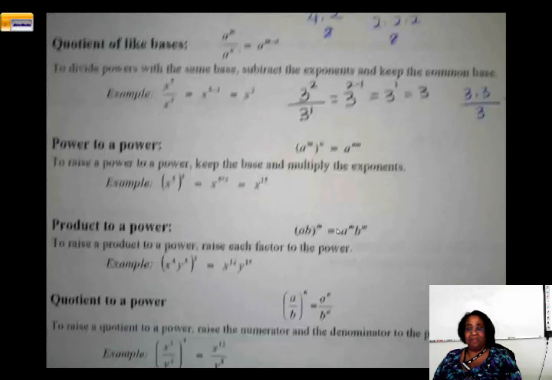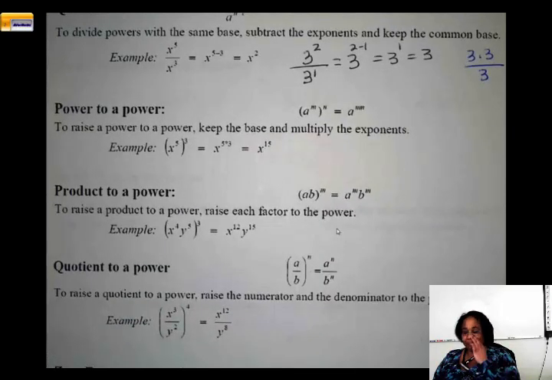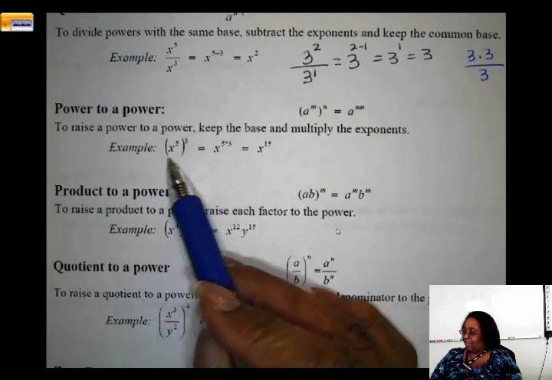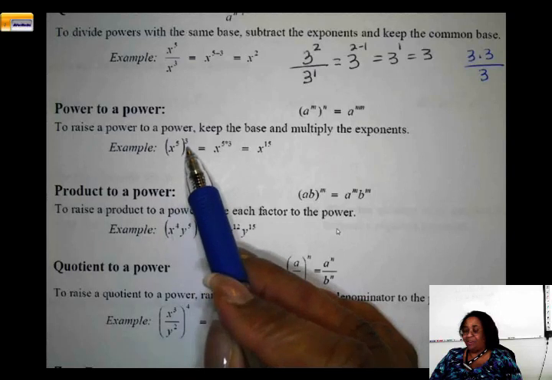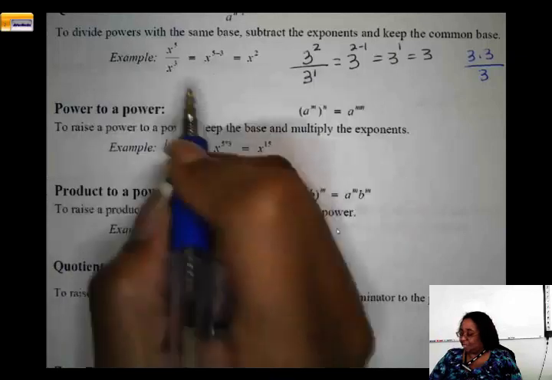Okay. All right, now rule number 3 says power to power. If I am going to take a power and raise it to another power, that's the same as multiplying the exponents. That's what this means.